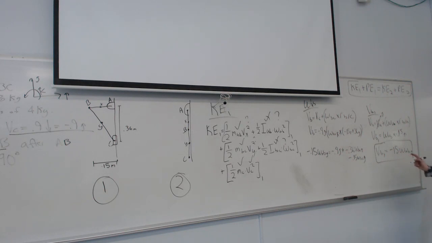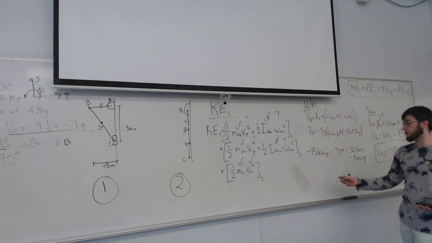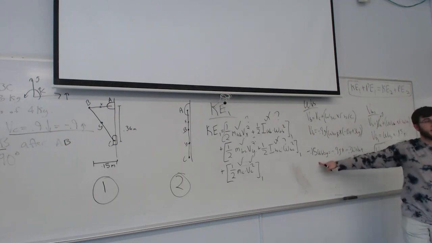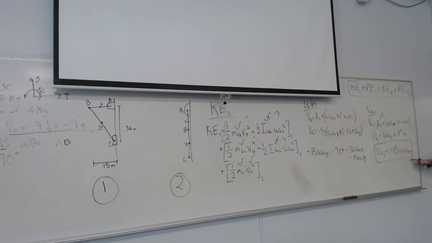But the important thing here is, if I split this into I and j components, there is nothing in the I direction on this side, right? Because the velocity of B was only in j. But we see right here, the angular velocity of BC term is in the I direction.